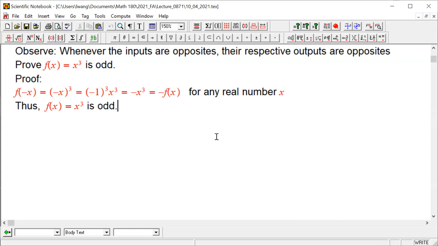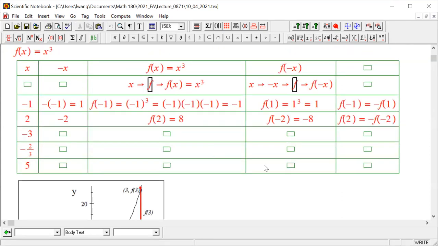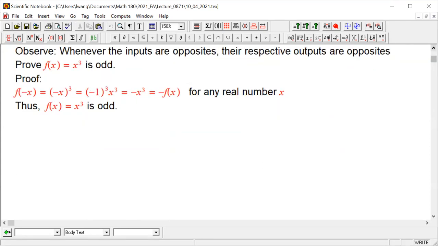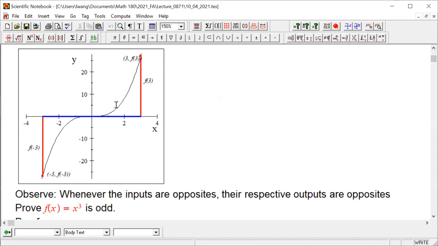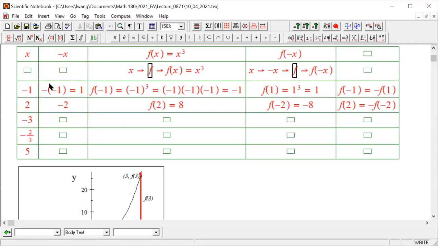We have seen how to prove it, and we saw what the visual is and what the point examples are. Do you want me to complete this table in class or are you fine? Could you maybe do the fraction one?